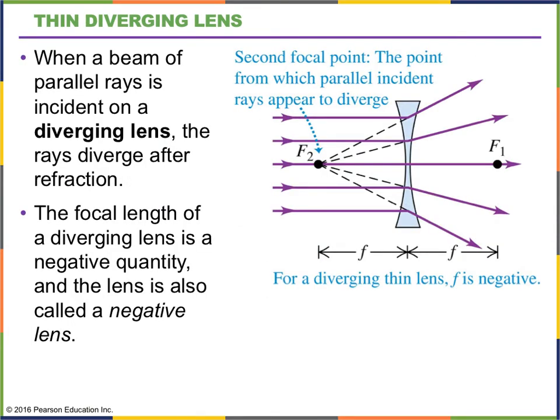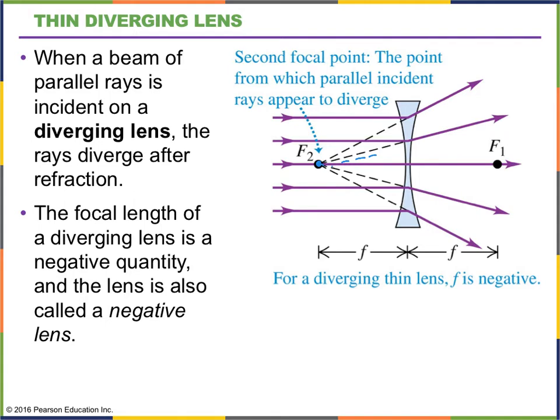Now the diverging lenses, as we saw before, diverge the light. So here's a picture again, similar to what we saw before. When the light rays are coming into the diverging lens and they're parallel to each other, when they pass through the lens, they'll spread out, but if we trace them back, they appear to originate at this focal point, and so that would be the focal point for that lens.